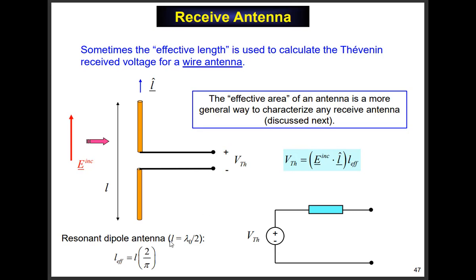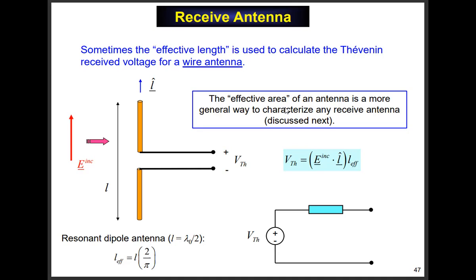I'm not going to do anything with it though. But if you have a resonant half-wave dipole where the length is lambda over 2, then it turns out that the effective length is the physical length times 2 over pi. Now, 2 over pi is a number that's not that different than 1. So it's not that wrong to say that the effective length is just the physical length, but that gets it right, okay?